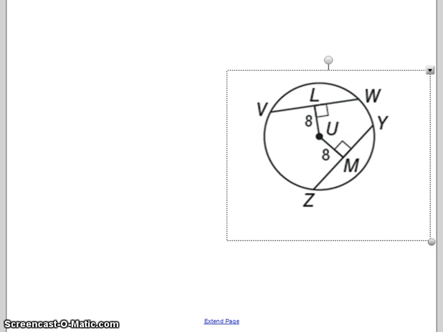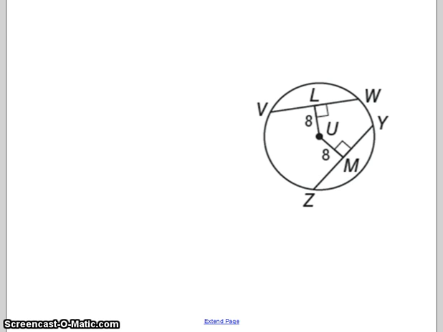All right, let's look at a couple examples that we might see. I'm going to draw one in here. And we're going to say that if ZY equals 8, then find UZ.